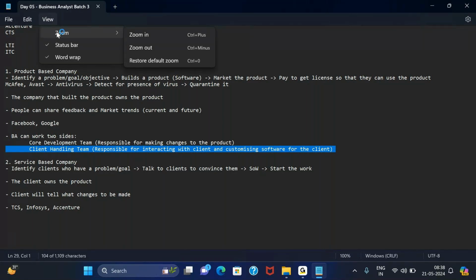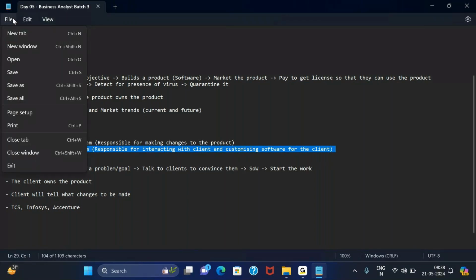Now if the client comes and asks, "Can you add a new option, called print option, here?" Suppose this print option is not there and they ask you to add it. For something that is not even there, if I have to make changes, that will require changes in my core software.